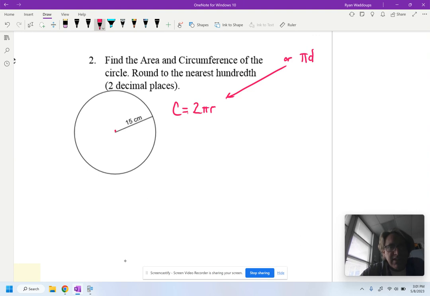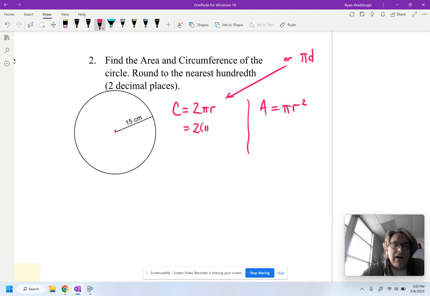So we're going to use this 2 pi r. And the area is pi r squared. So here we're going to say this is equal to 2 times pi times the radius, which is 15. And the circumference then is 2 times 15, 30 pi.